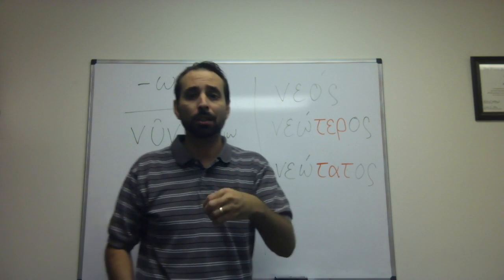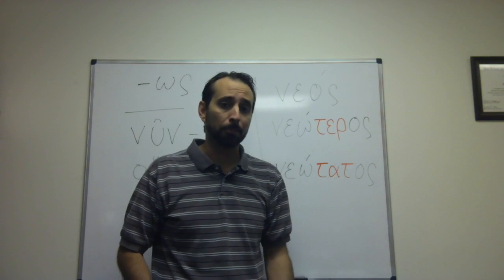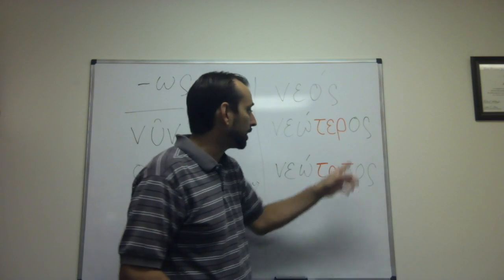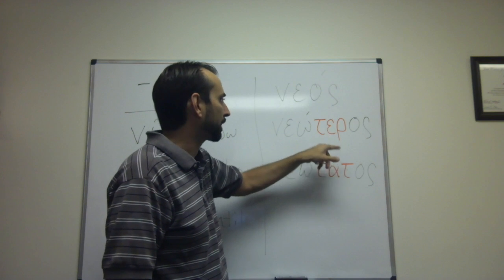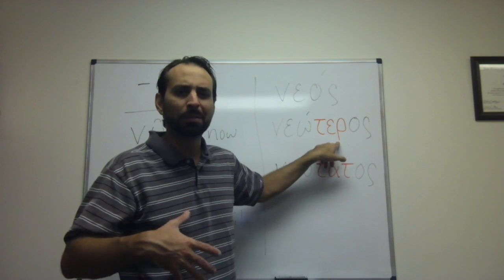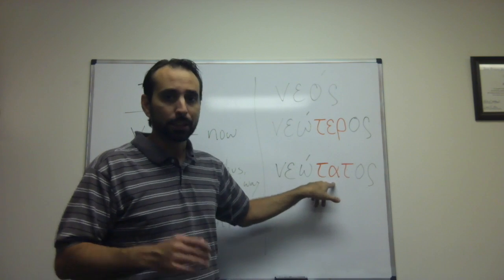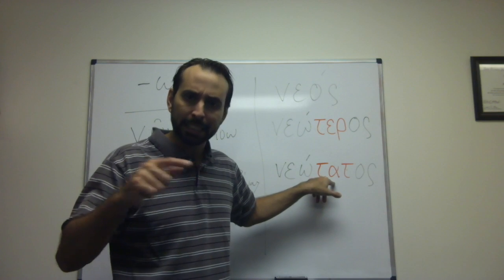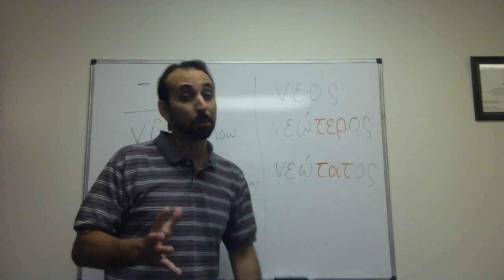Remember, adjectives, unlike adverbs, are inflected. We learned that from the adjective chapter. And so it's going to have the ending. If you're saying, why does it come in the middle? Better word, I just realized, better word for this is a suffix. If you say, why does that ter, which is our equivalent of er, like newer in English, and tot, which is like our equivalent of est, newest in English, why does it come in the middle of the word? It's really not.